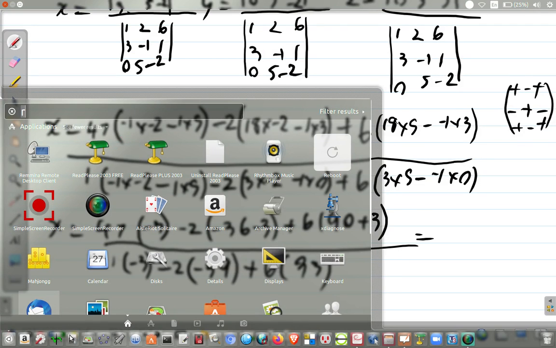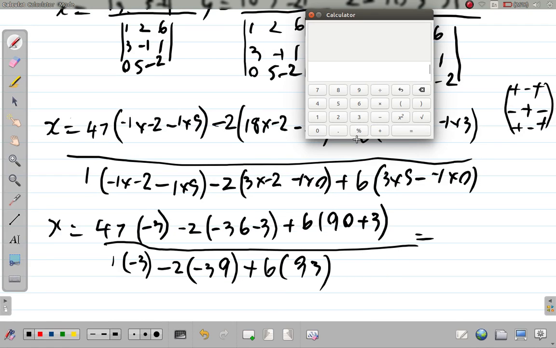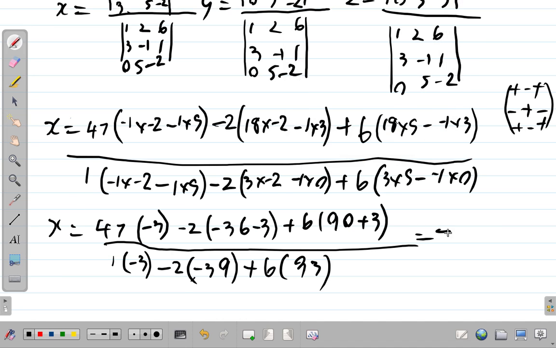We have 47 times 3 is 141. This would be a negative 141 because a negative 3. Then we have negative 36 minus 3, that's negative 39. Negative 39 by 2 would be negative 78. So it's minus negative 78, so it's a plus 78 you have here.